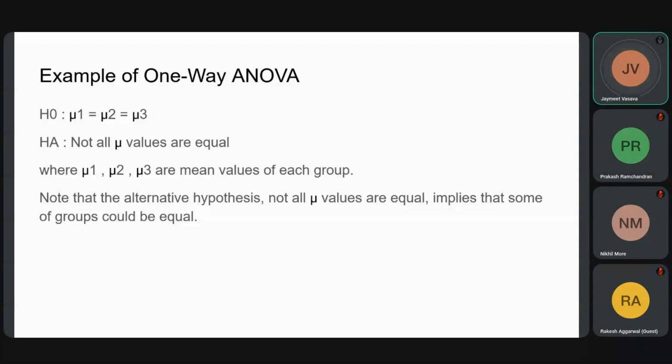The alternate hypothesis states that all mean values are not equal. It should also be noted that mu1 and mu3 can be equal, or mu2 and mu3 can be equal, but not all three of them are equal.